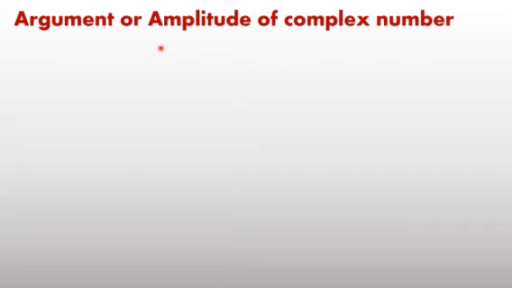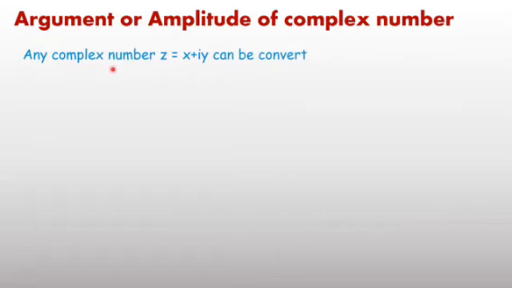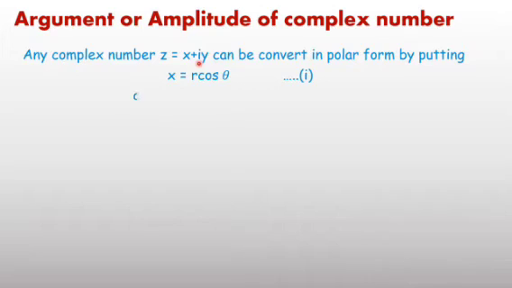Argument of a complex number. A complex number x plus iy can be converted into polar form just by putting x equal to r cos theta and y equal to r sin theta.